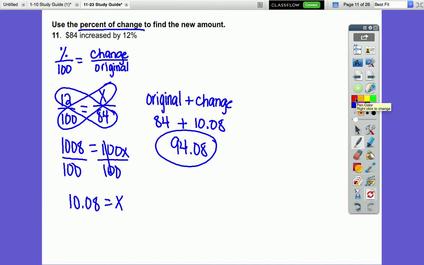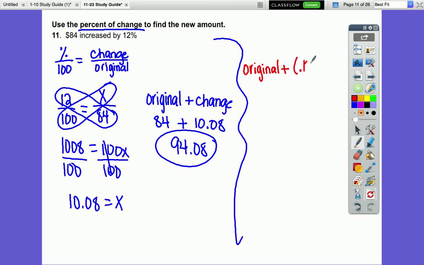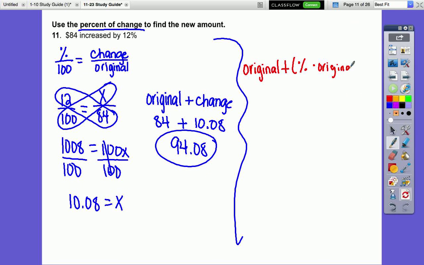Another way that you could have done this problem is to simply say $84 increased by 12%. Take your original amount and add it to 12% of that original. And let me back that up. Add that to the percent times your original. So our original was $84 plus our percent, which is 12.